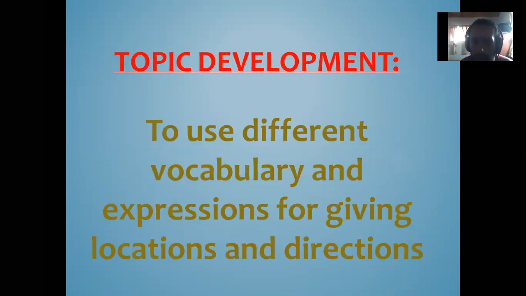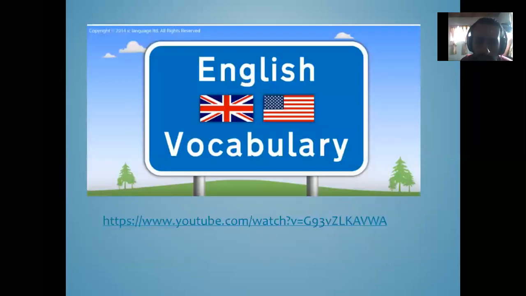Our topic development is to use different vocabulary and expressions for asking and giving locations and directions. As you can see in our class, we are going to see a video about this topic, taking this link on YouTube.